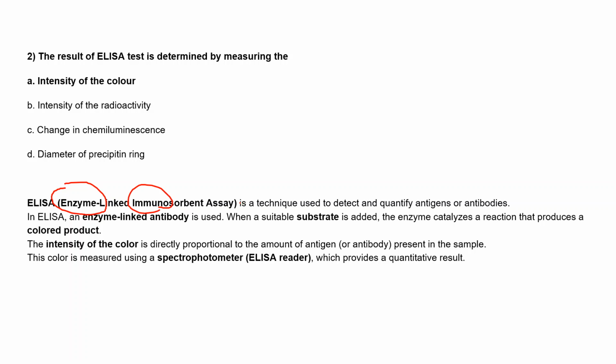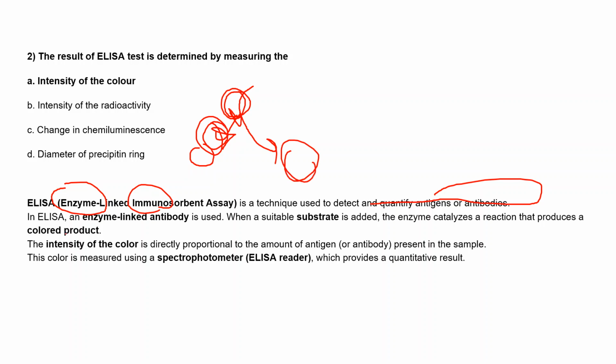So what is this technique? It is normally used to detect and quantify the antigen or antibody. In ELISA, an enzyme linked antibody is used. There is a primary antibody and a secondary antibody, which is linked with an enzyme. Then a substrate we have to add. The enzyme linked antibody will catalyze the reaction and produce a colored product.